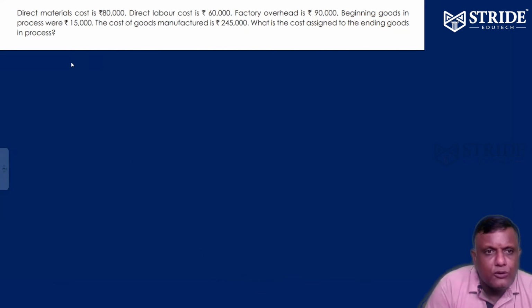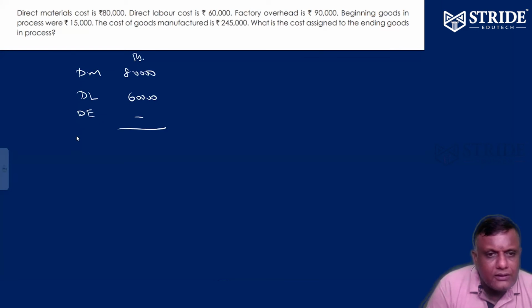Normal route will do. So direct material 80,000, direct labor 60,000. Then prime cost: 80 plus 60, 1,40,000 prime cost.